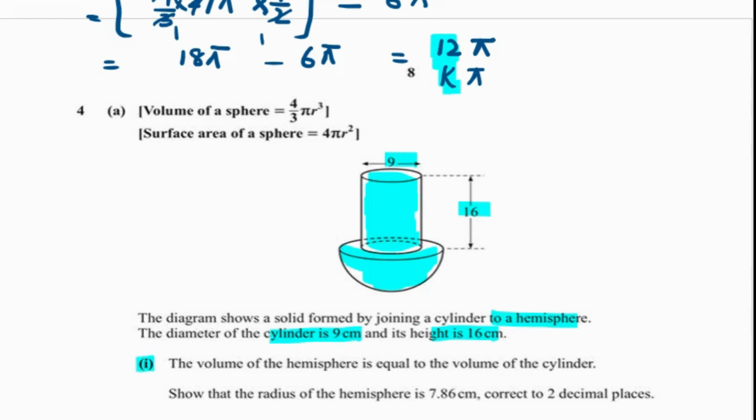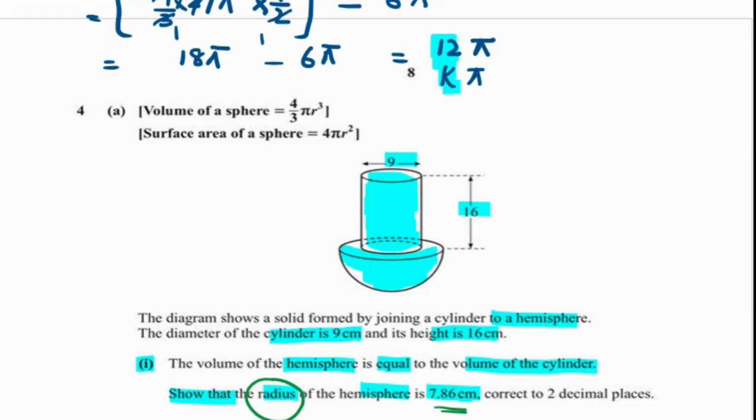So the first part says the volume of the hemisphere is equal to the volume of the cylinder. Okay, so it means show that the radius of the hemisphere is 7.86 centimeter, correct to 2 decimal places. It means you have to find the radius, and the answer is already given.